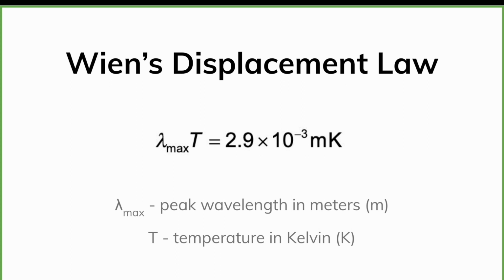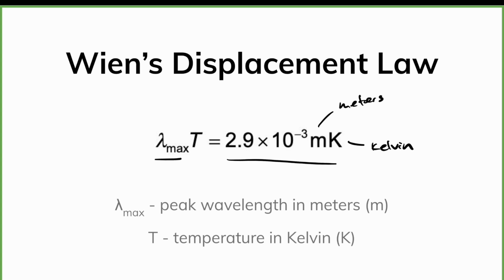Wilhelm Wien noticed this relationship between the peak wavelength and the temperature, and he came up with Wien's displacement law, where we take the maximum wavelength, the peak of the graph, and multiply by the temperature, and we get this constant, 2.9 times 10 to the negative 3. This is meters times Kelvin. Just be careful, some people confuse that with millikelvin, but this is meters times Kelvin.